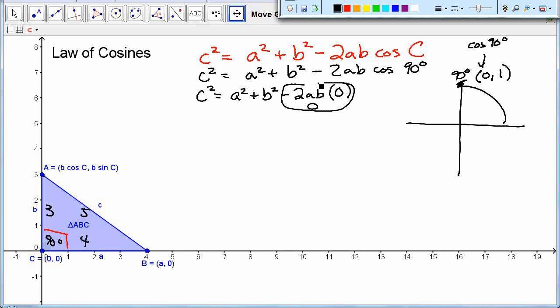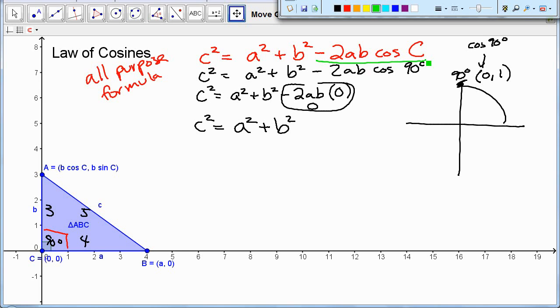And so therefore, for all right triangles, we would get c squared equaling a squared plus b squared. And so you can see how the law of cosines, which is the all-purpose formula, can also be used for right triangles, because essentially we just eliminate the one piece right here.